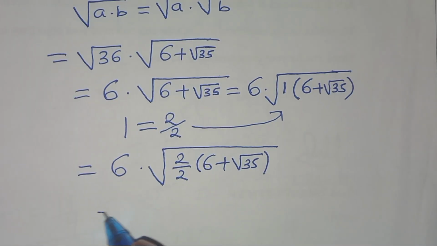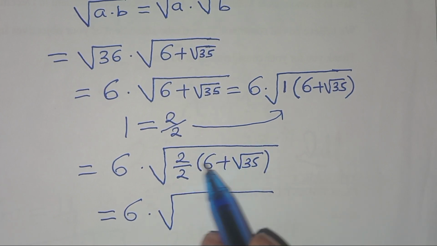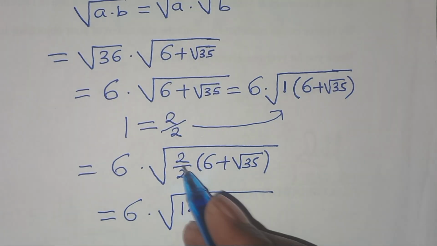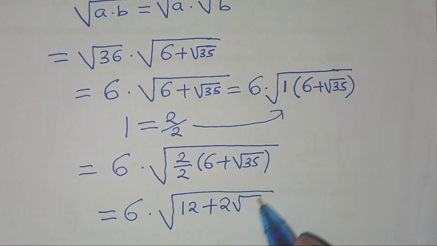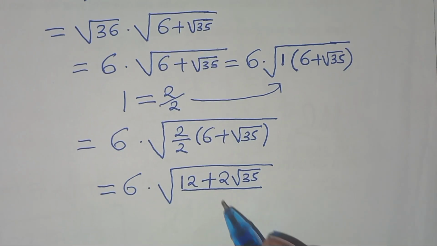The next step from here, we have 6 times square root of 6 times 2, this is 12, plus 2 times square root of 35. All of this divided by 2.